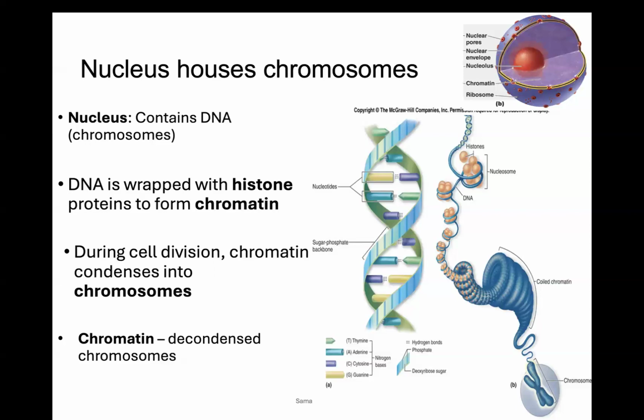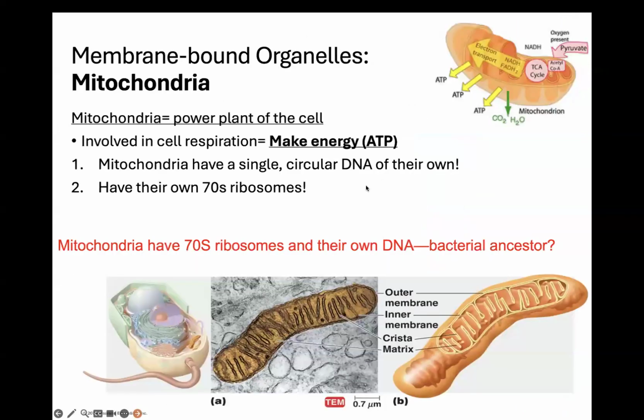And this makes sure that genetic information is accurately passed on. And so basically, to summarize, chromatin, chromosomes, DNA all mean the same thing. They're just a form of DNA. So in short, chromatin is the loose form of DNA, and chromosomes are the condensed form that's used during cell division. And again, DNA is in the nucleus in a eukaryotic cell.